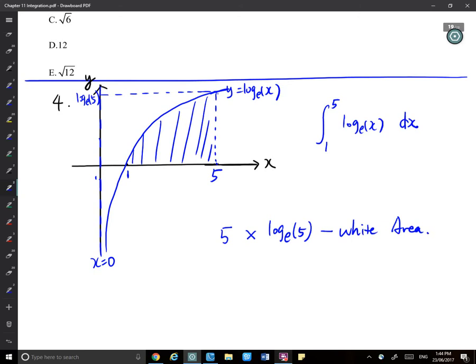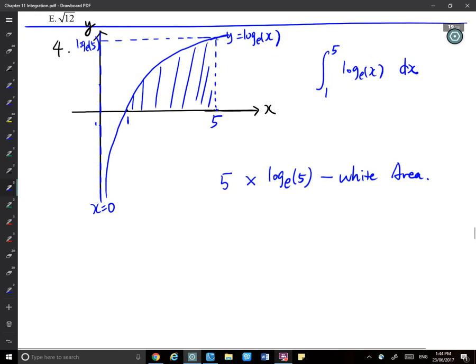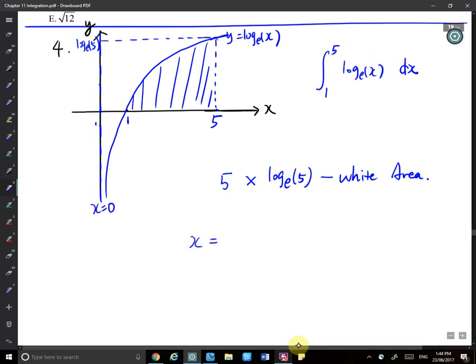Where does it start from? It's this shaped region. Can you see it starts from 0? That's the x-axis, that's the y-axis, here is 0. I finish here, that is log e 5. So I can find x equals e to the power of y.